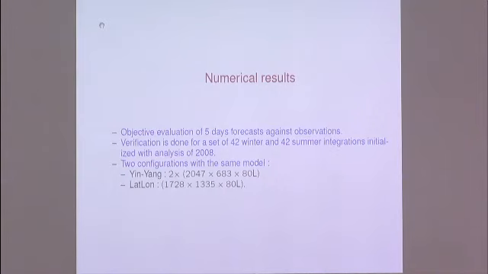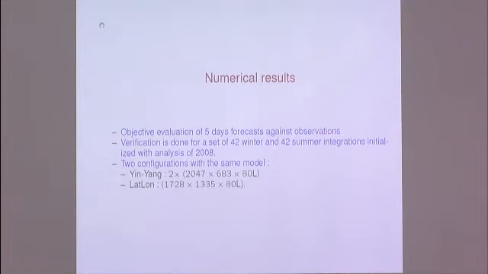For numerical results, I will present two series of tests: 42 winter cases and 42 summer cases, integrated from initial analyses in 2008, and each case is a 5-day forecast compared to observation.